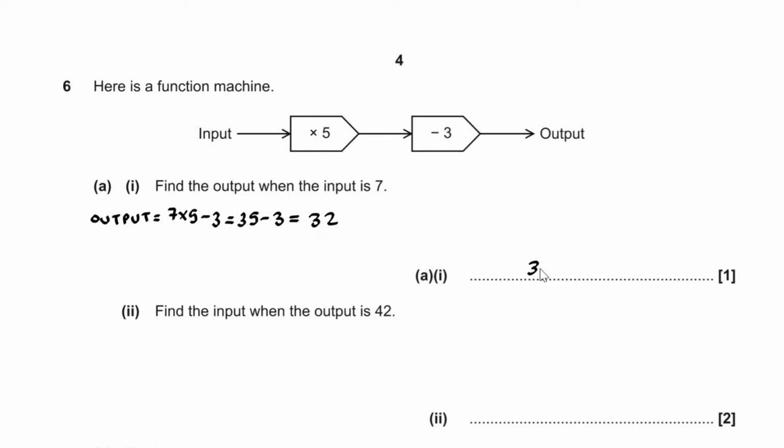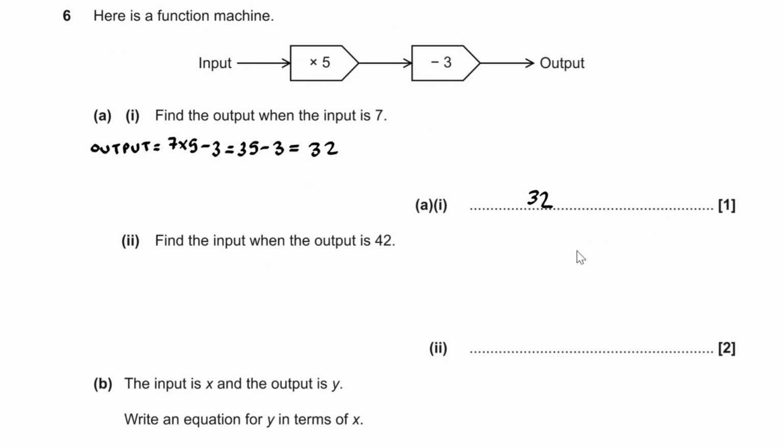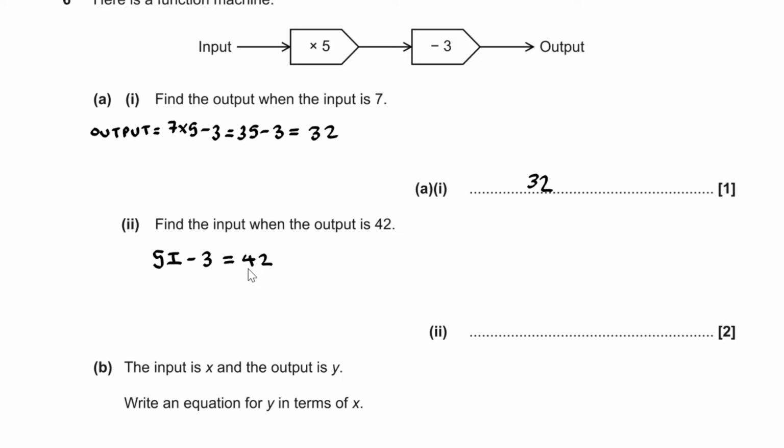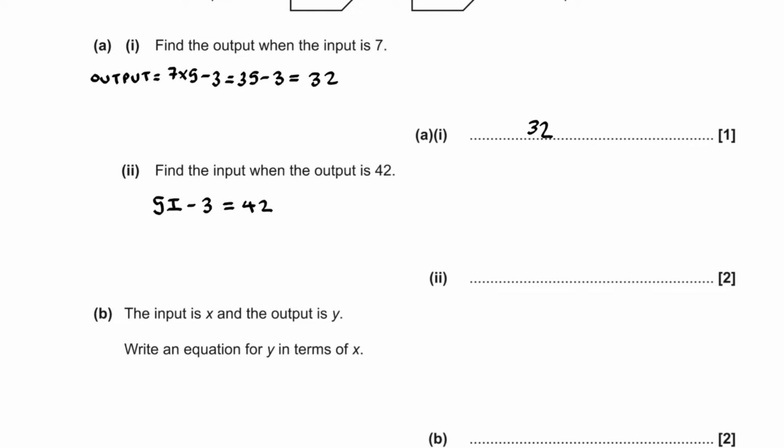So we've got 32. And for the next part, we have to work out the input when the output is 42. Well, if the output is 42, and let's suppose our input is I, then we have input times by 5, so we've got 5i, take away 3, this is equal to 42. Now let's solve this equation.